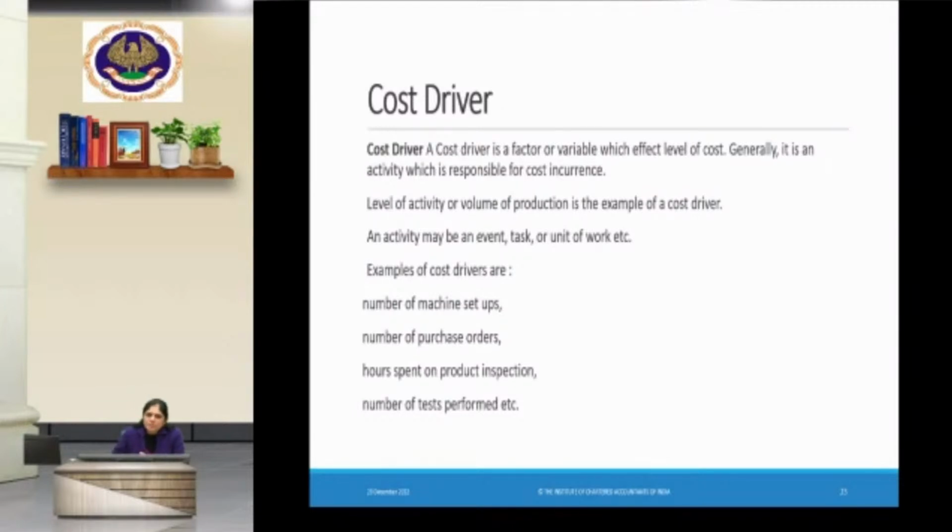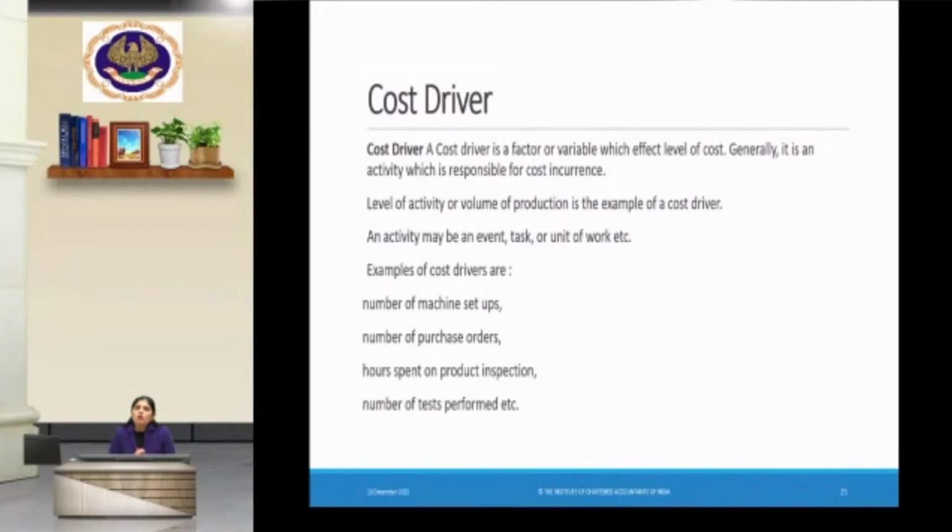So moving to the slide now, cost driver. See, cost driver is basically a factor or variable which affects the level of cost. So cost driver is something because of which the cost is being incurred. So cost driver is that activity due to which the cost has arisen. For example, if I'm using electricity, because I'm using electricity the bill is coming.